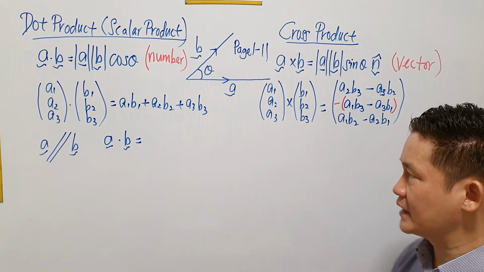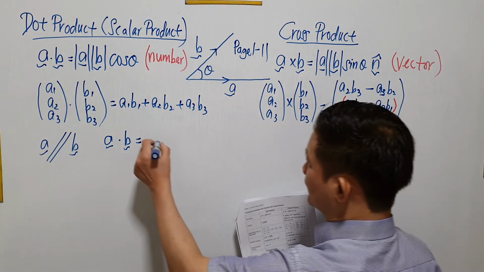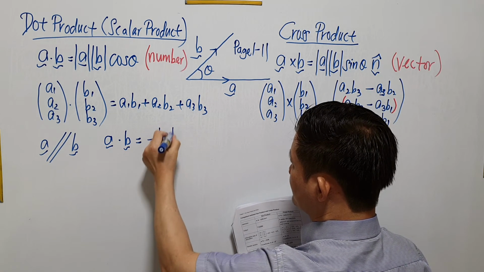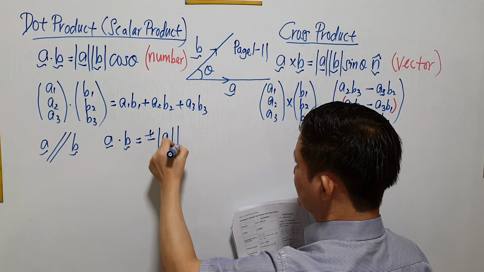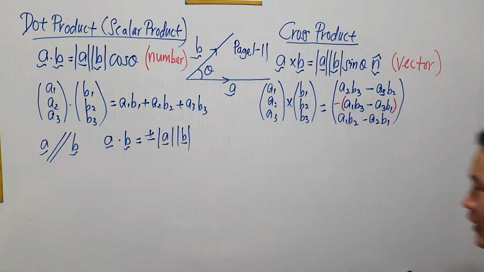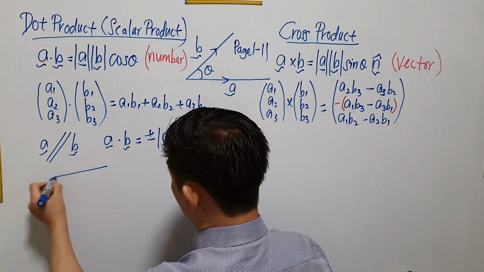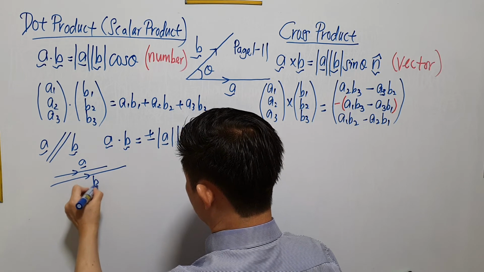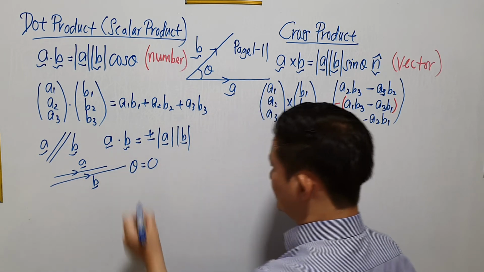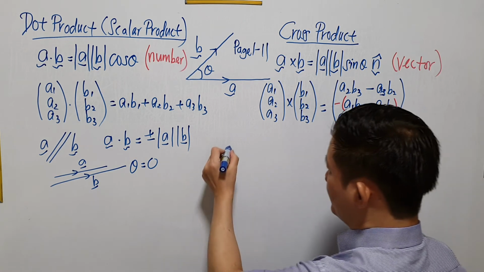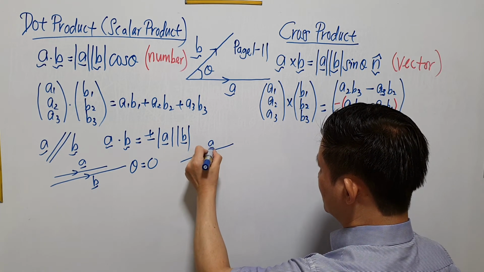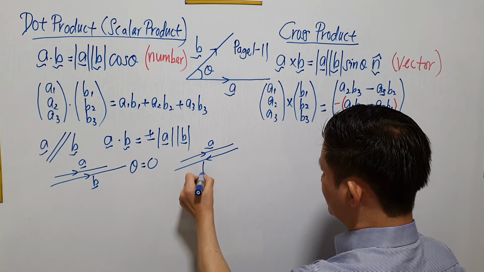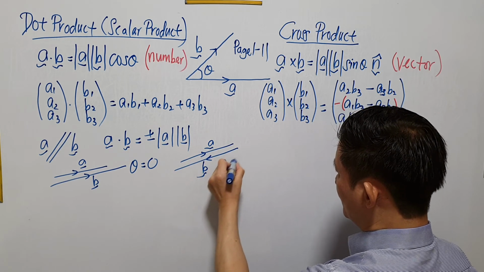If this angle is pi, this number is minus 1. So the end result is plus or minus this, depending on the angle theta, whether it is 180 degrees or 0. If these two vectors are parallel and in the same direction, then theta will be 0. If they are parallel but in opposite direction, then the angle theta will be 180 degrees.